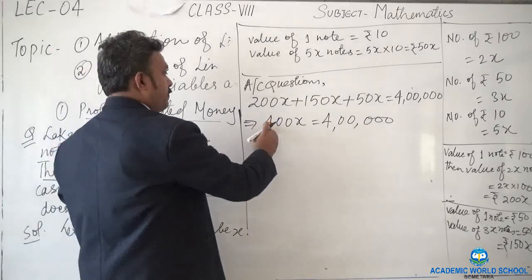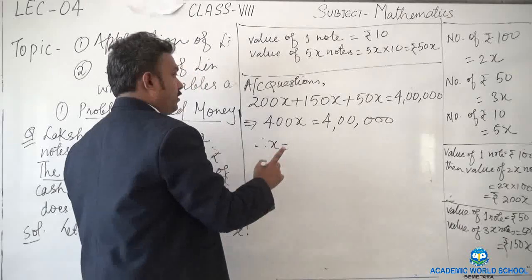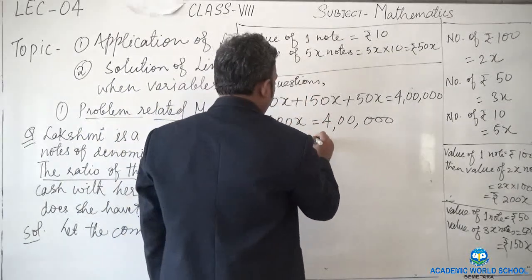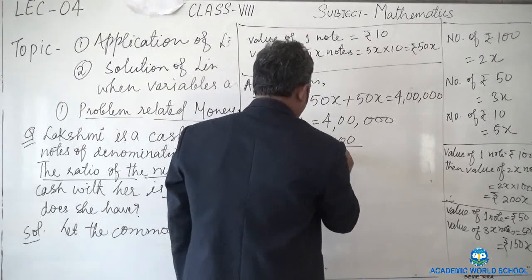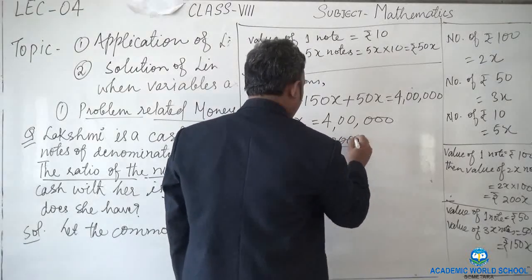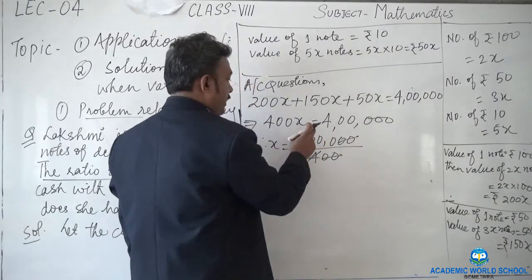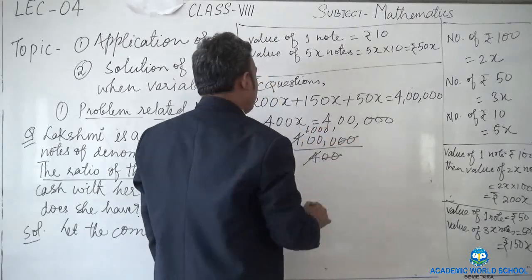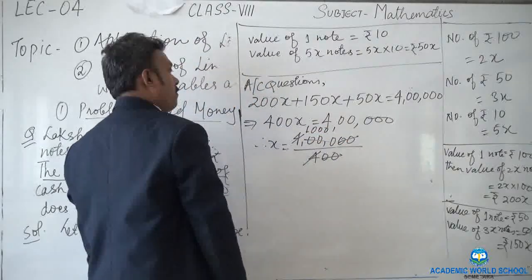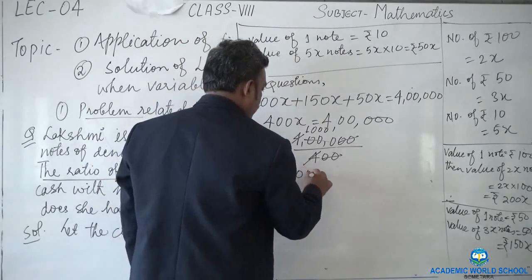Now this 400 goes to the right side. This side is in multiplication, so on the other side it will be in division. So the zeros cancel, and 3 zeros are remaining. So the value of x is 1000.